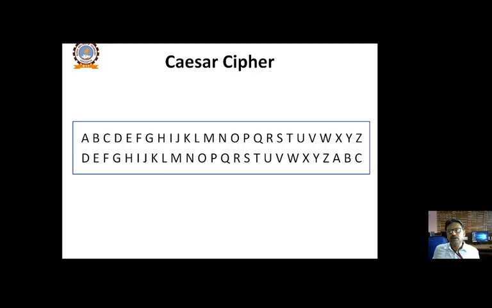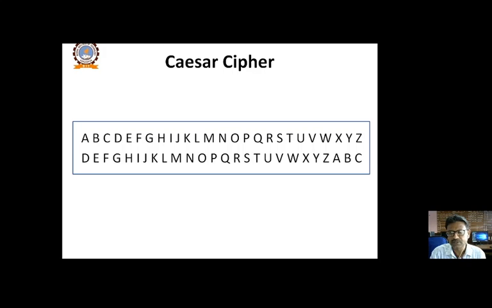So this is a very simple process known as the Caesar cipher method, by which we are encoding plain text into a ciphertext. If we want to use the Caesar cipher to hide a message, suppose our message is yes, Y-E-S. If the message yes is traveling in plain text form, everybody will be able to know the meaning of that communication.